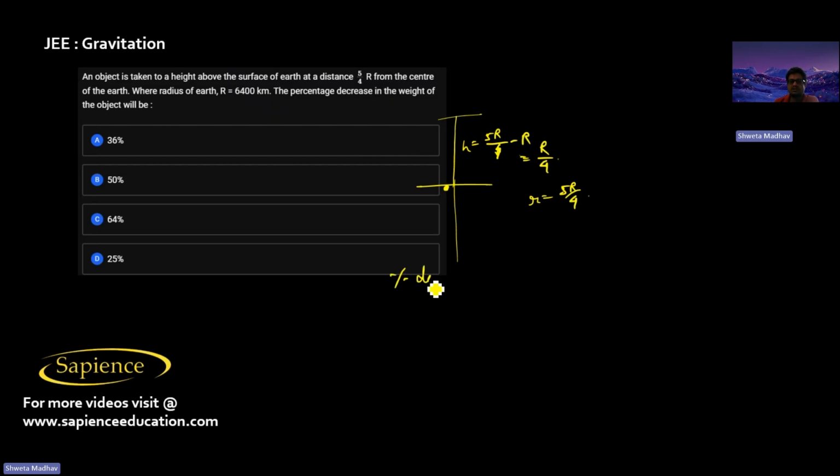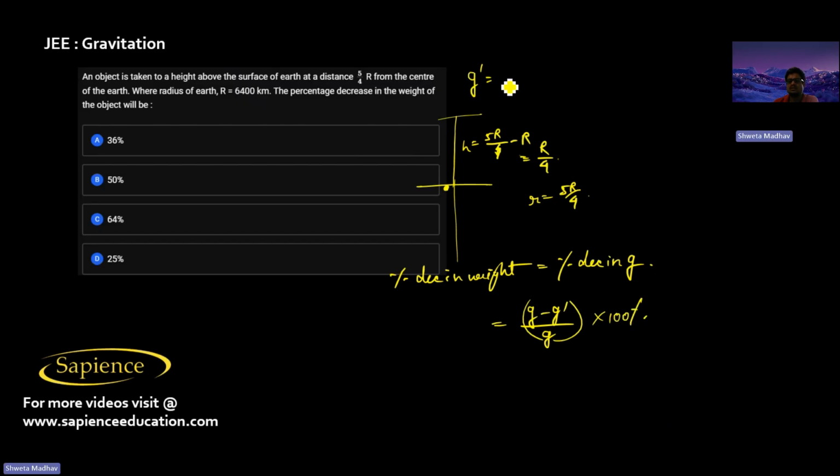So now percentage decrease in the weight, since weight is mg, it is the same as the percentage decrease in the value of g. So that is equal to g minus g dash by g into 100%. Now g dash at the height is equal to g into r square by r plus h whole square. So g dash will be equal to g into r square by 5r by 4 whole square.